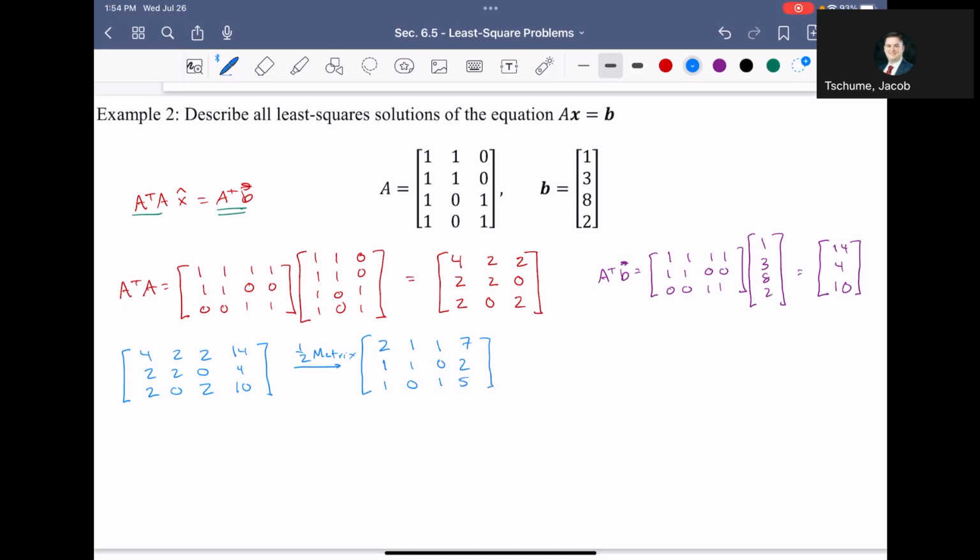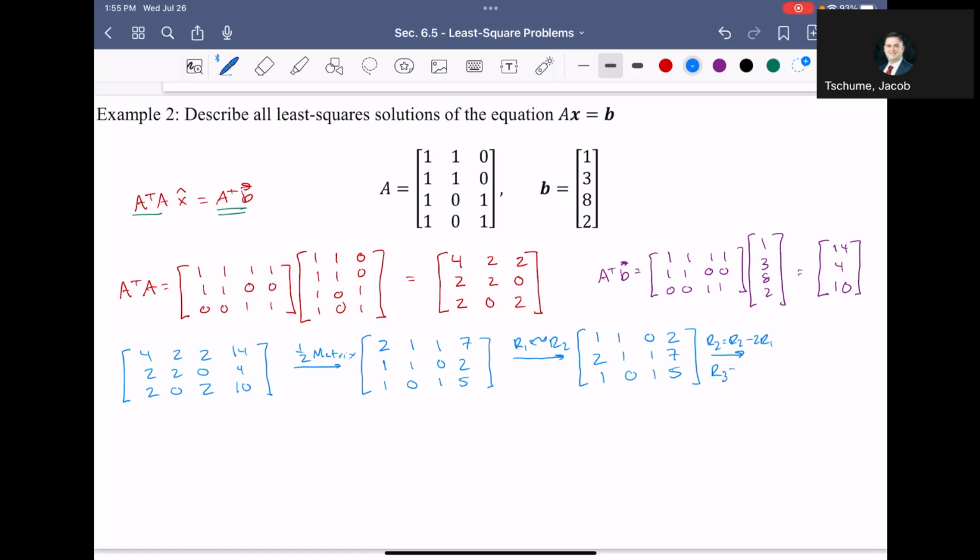So now to get this into reduced echelon form, I am going to interchange row 1 and row 2. That's just my choice. So we'll have 1, 1, 0, 2, 2, 1, 1, 7, 1, 0, 1, 5. So then I'm going to take row 2 and subtract 2 row 1s.